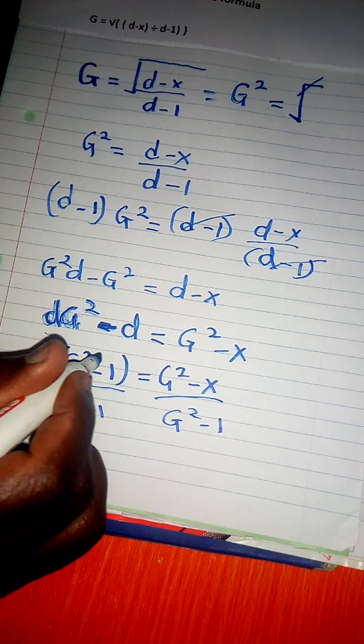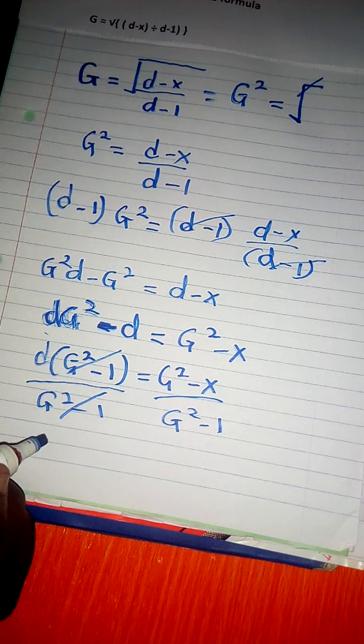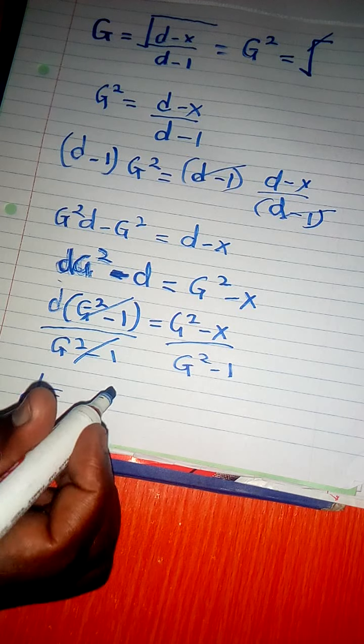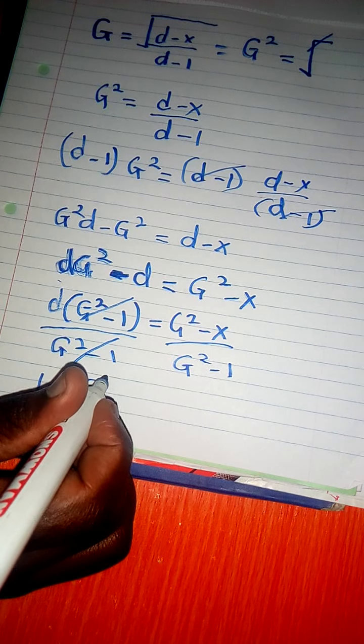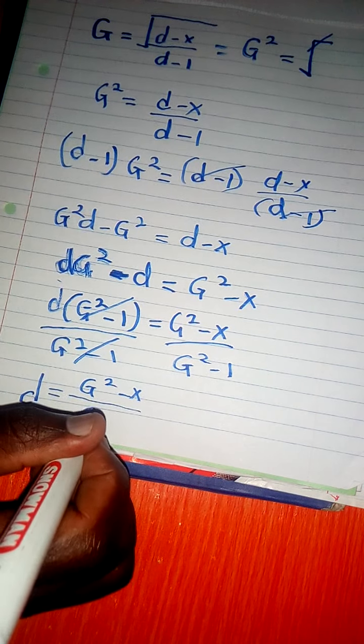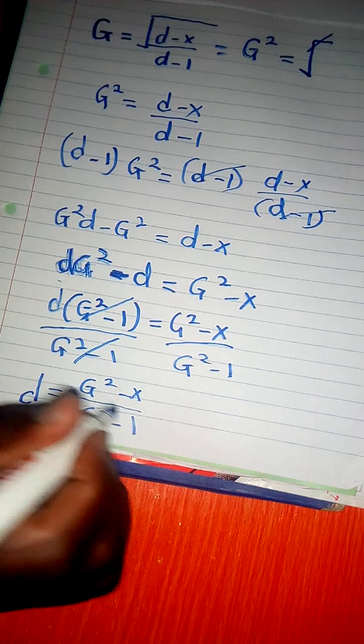What we will now have on this side is D is going to be (G squared minus X) over (G squared minus 1).